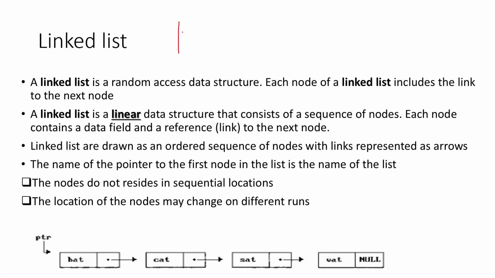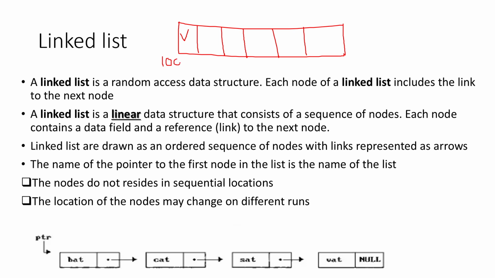Suppose this is a memory location and there are 5 elements to be stored in it. The first element of that array will occupy this place. Let us assume that address as, say, 1000.